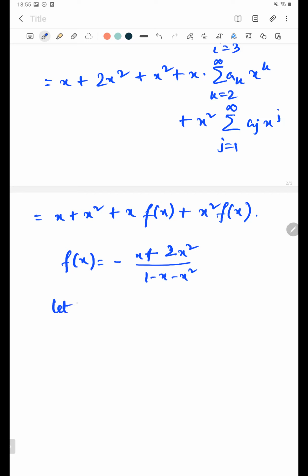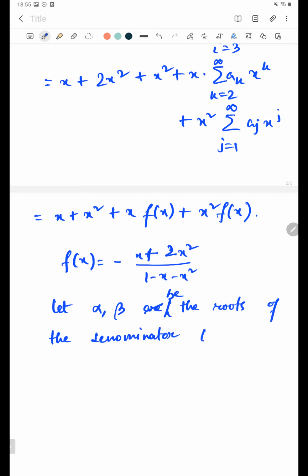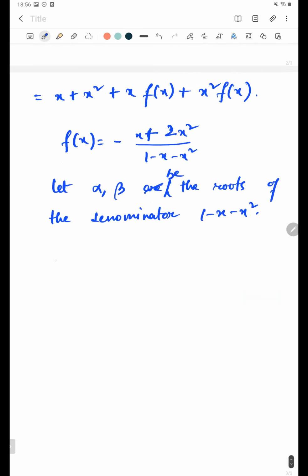Let alpha and beta be the roots of the denominator 1 minus x minus x square. In that case, let's write fx as this.